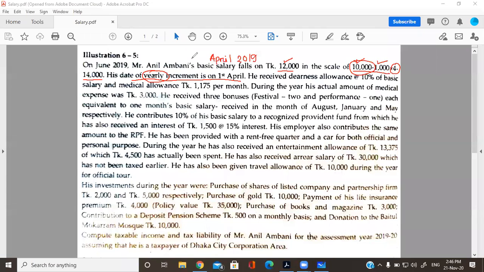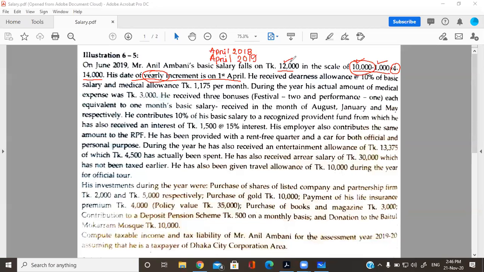This June 2019 is absolutely after April 2019. Yes, sir. And we can also say this is also after April 2018.